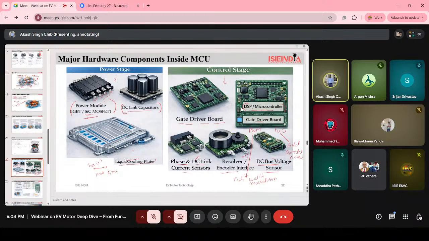These are the major hardware components. Does anyone have any doubt until now in this? Anyone?